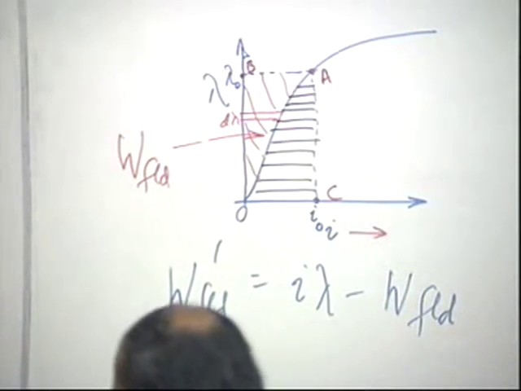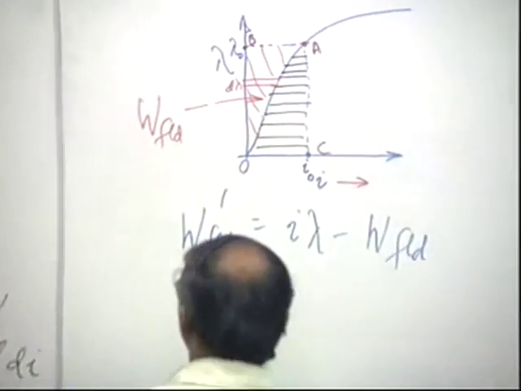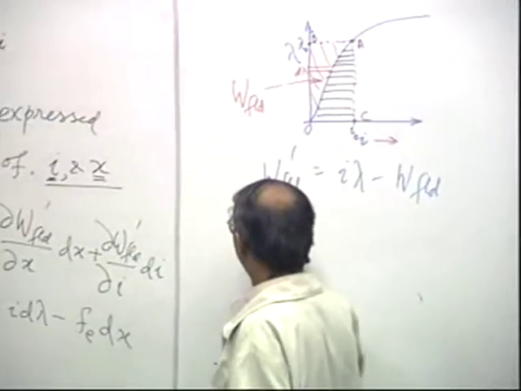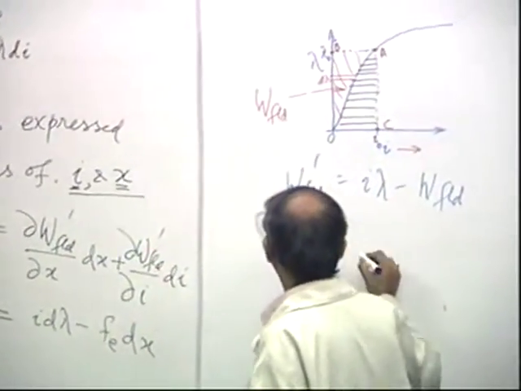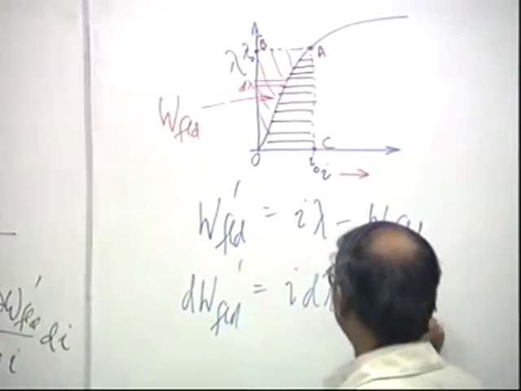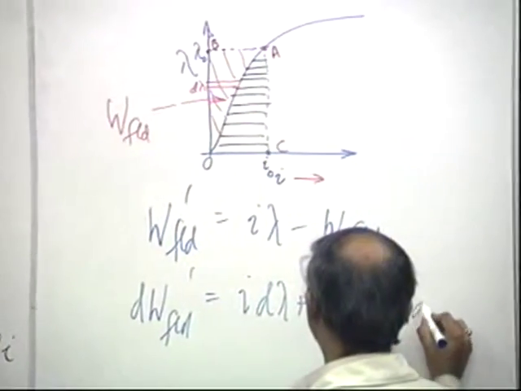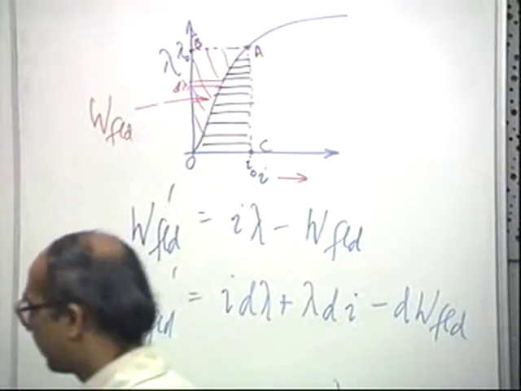Okay. Now, with this definition, what will be dW field dash? It will be equal to I d lambda plus lambda di minus dW field.